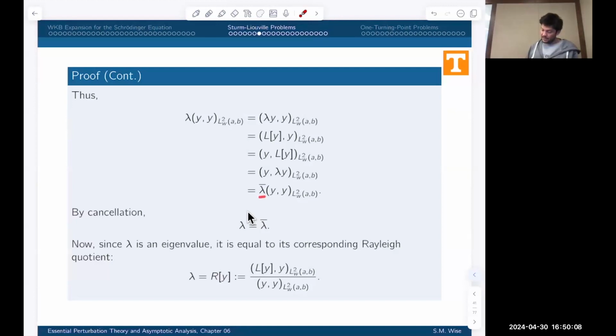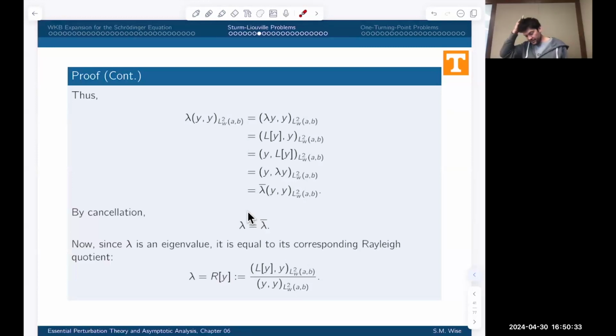So it comes out with a complex conjugate, but now we're allowed to cancel this and that. We can simply divide, right? But you see, lambda has to be equal to lambda bar, its complex conjugate. The only way that can happen is if you have a real number. Does that make sense? All right, now, since lambda is an eigenvalue, it's equal to its corresponding Rayleigh quotient.